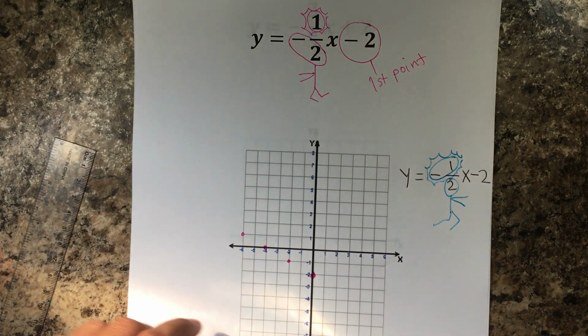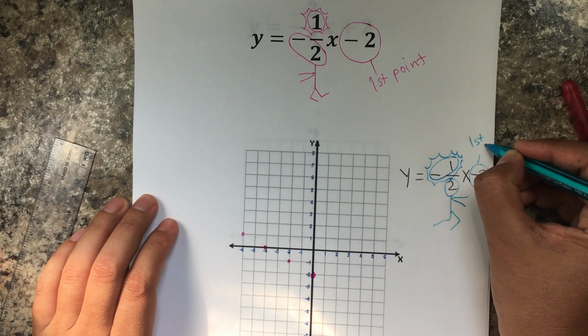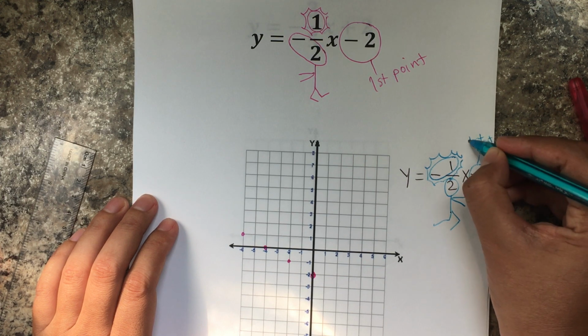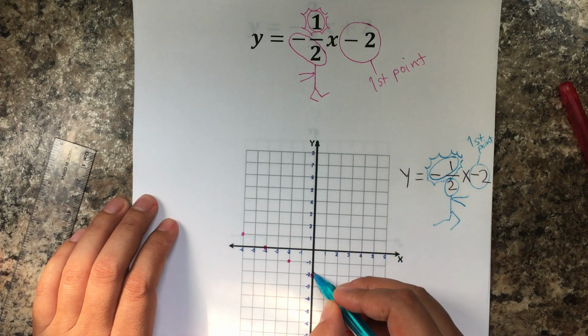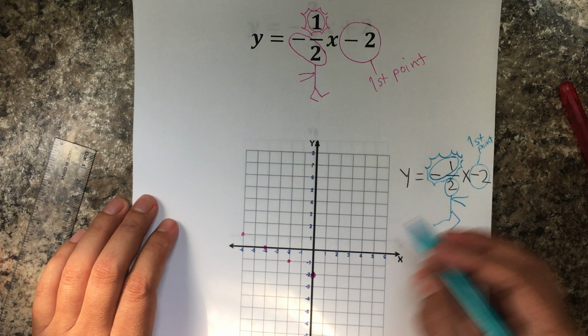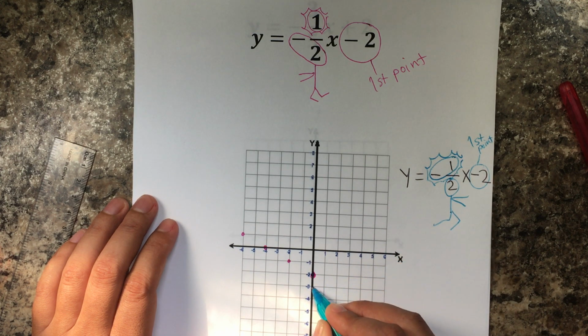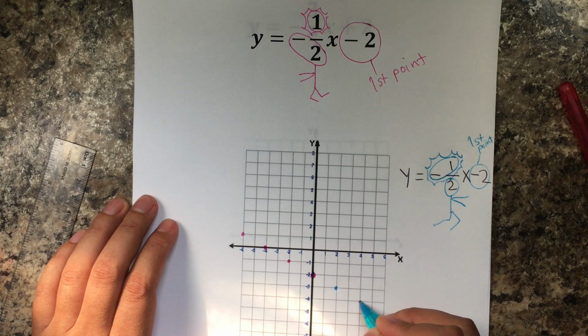Okay, so let's see. First point in negative 2 is right here. Then the negative belongs to the 1, so the rise is sunset. 1, 1, 2, and again.